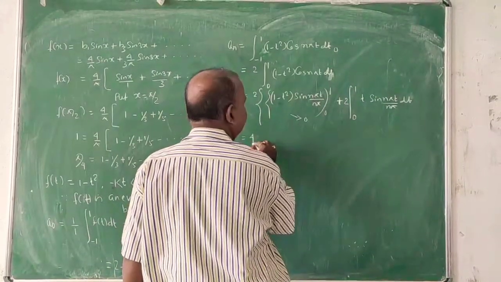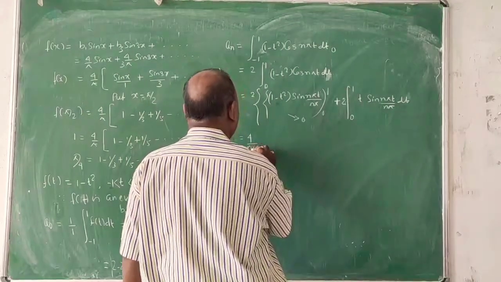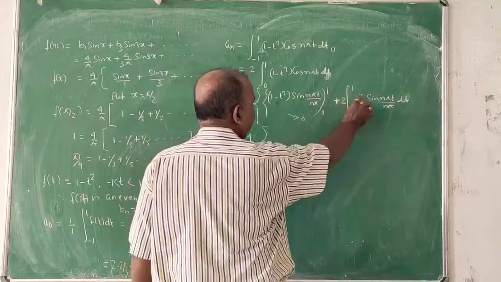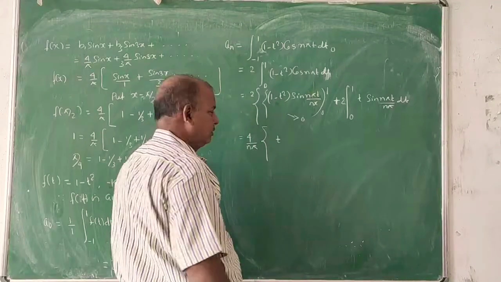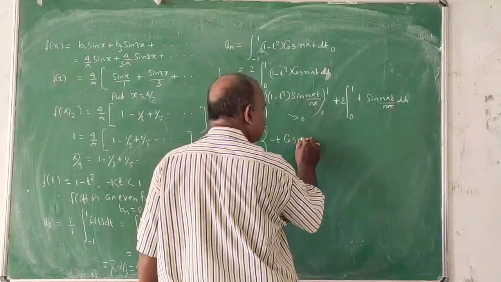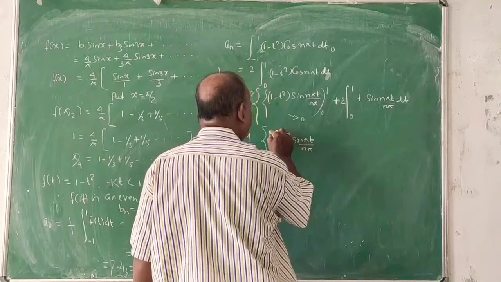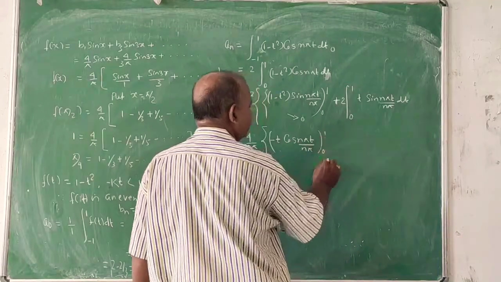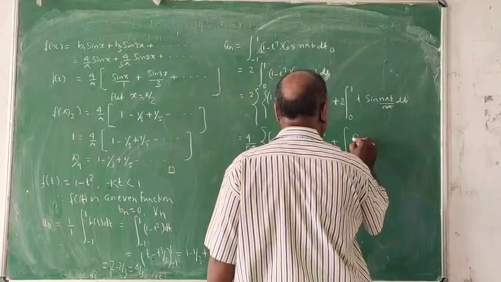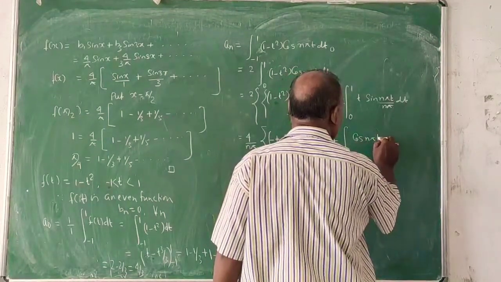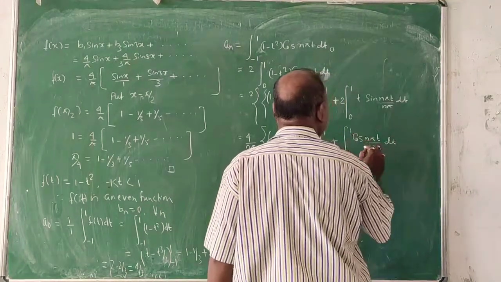So we are getting 4 times, again integrate this by parts. This is 4 by n pi. The integration of sine is minus cos. Minus of cos of n pi t divided by n pi, range 0 to 1, minus this becomes plus cos of n pi t divided by n pi into dt, range 0 to 1.